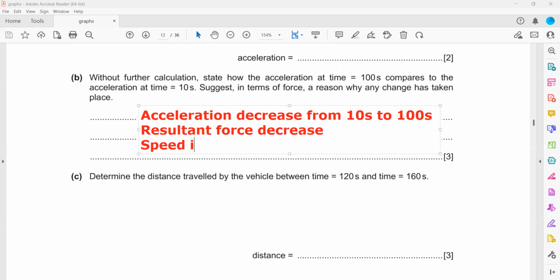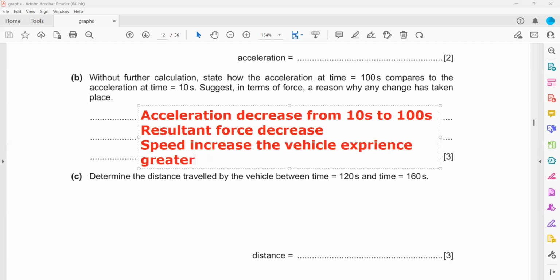Because when the speed increases, the vehicle experiences greater drag force or greater air resistance. As the vehicle experiences greater air resistance, the resultant force is decreasing. Is this part clear?